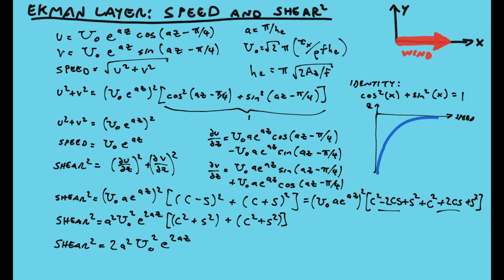And that's how we find the shear squared. It also varies exponentially with depth, but it has the e to the 2Az dependence. That e to the 2Az dependence is there because we squared e to the Az. And that's all you need to calculate the shear squared, which comes in handy if you want to know the denominator of the gradient Richardson number.